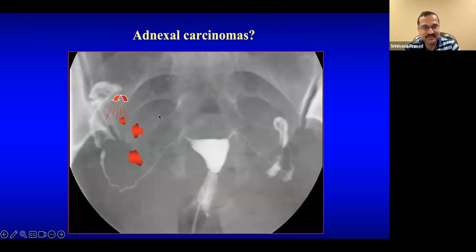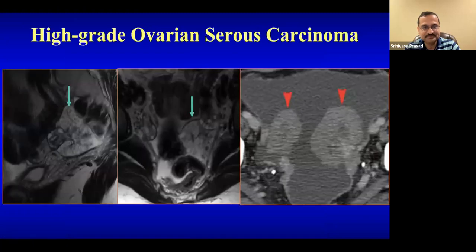That's why early diagnosis of these cancers is almost impossible, because once it gets onto the so-called highway of the peritoneum, there is peritoneal dissemination parallel to the amount of disease on the ovaries.